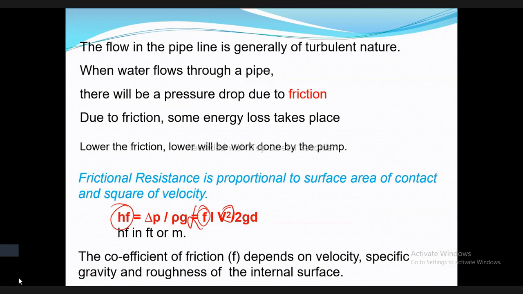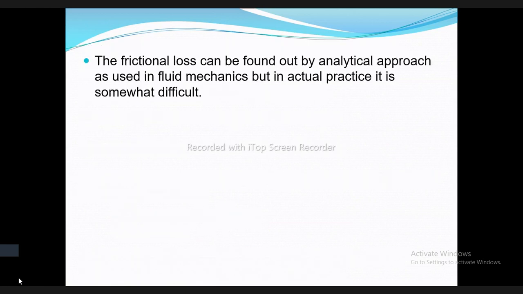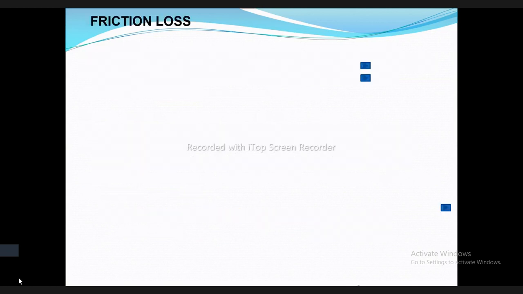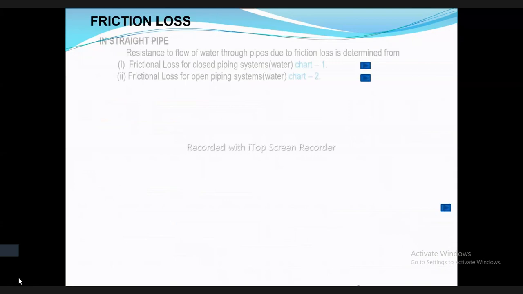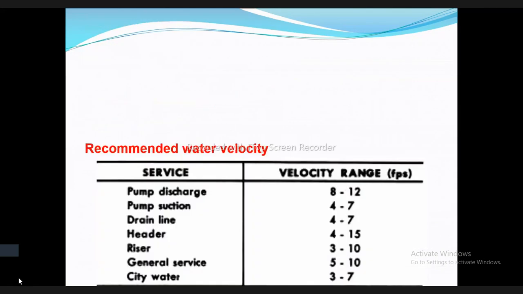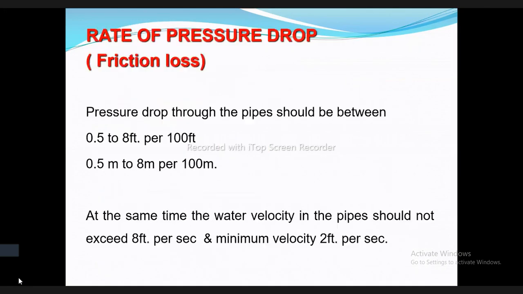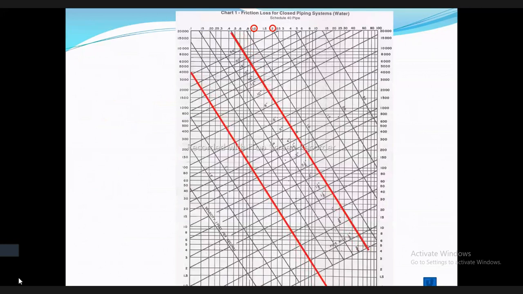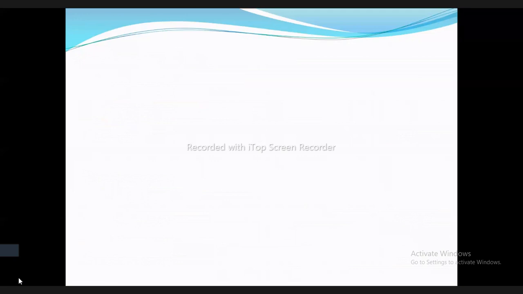So you have this formula, but this formula is very complicated. Practically, it is very difficult to use this formula. So what we do is we have charts. We'll see those charts. The chart is something like this. We'll come to this later on.